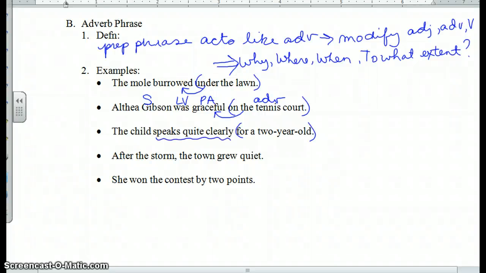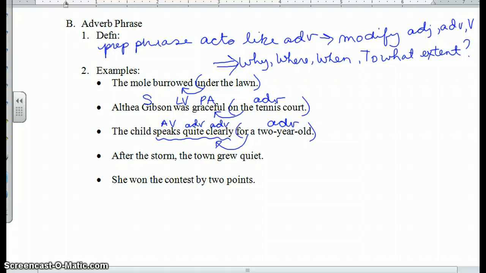Now, it doesn't really matter which of these 3 words it exactly goes back to, because speaks is an action verb, quite is an adverb, clearly is an adverb. So this whole thing kind of modifies this whole concept of speaks quite clearly, all of those pieces. That makes it an adverb. There's no question.